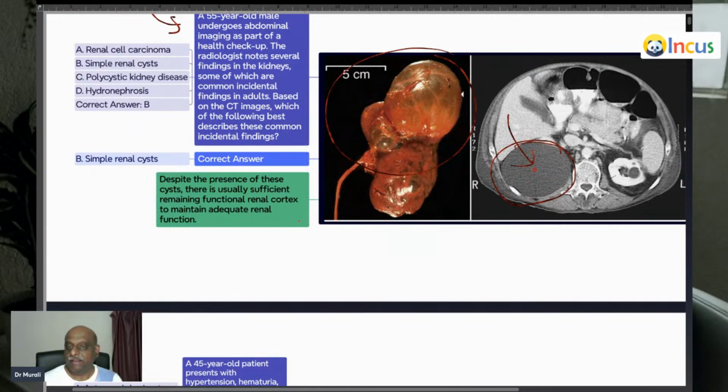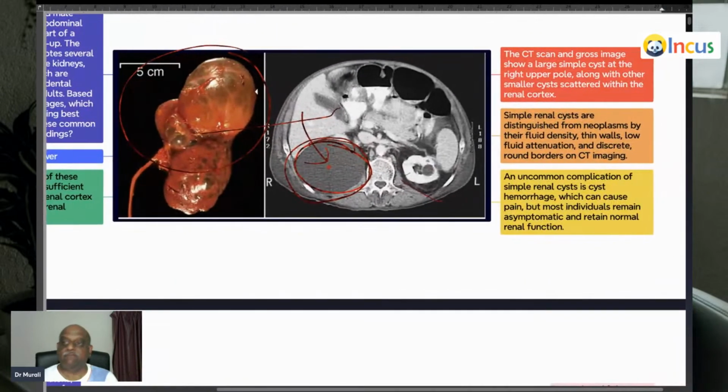Even if a simple renal cyst is there, this is a very everyday clinical scenario when you are a consultant tomorrow. If there is a good amount of functioning renal cortex, whenever you find a big cyst, don't get tempted to do the resection. You need to check the eGFR, that is, the effective glomerular filtration rate. If it is adequate to maintain the renal function, you need not do anything.